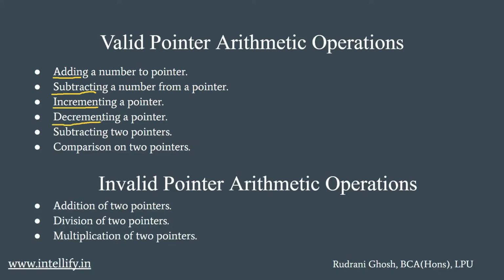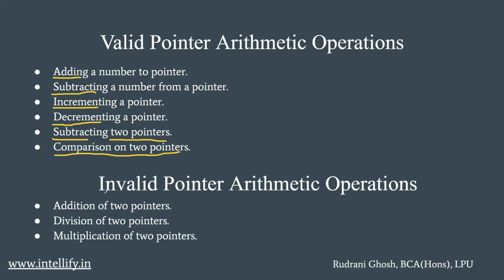We can subtract 2 pointers. That means if there are 2 pointers, P1 and P2, pointing at variables A and B, then we can subtract P1 from P2 or P2 from P1. And we can of course compare 2 pointers, just to check which one is greater or lesser. We do it to compare various elements of an array.